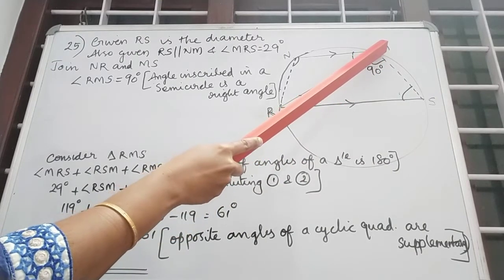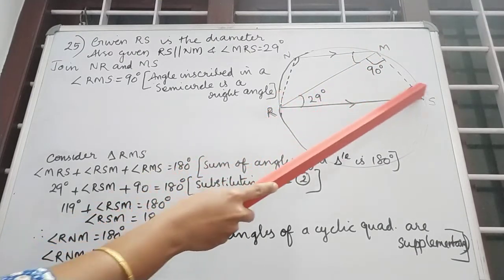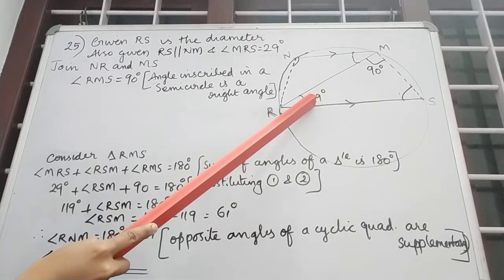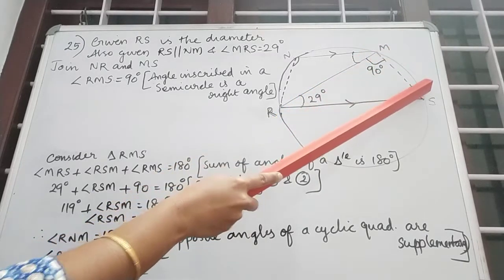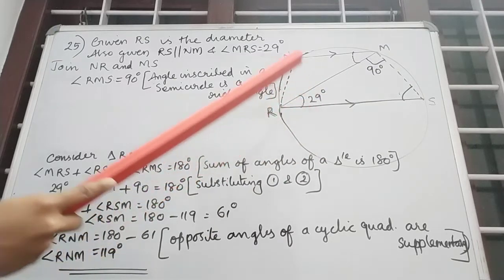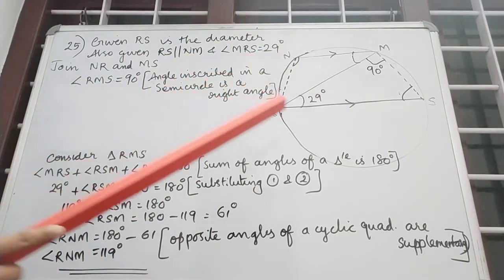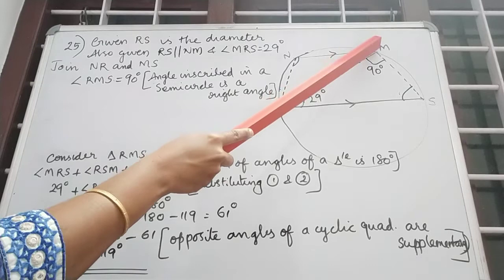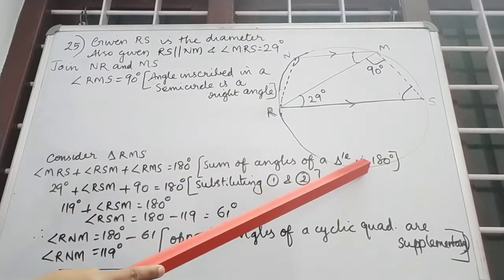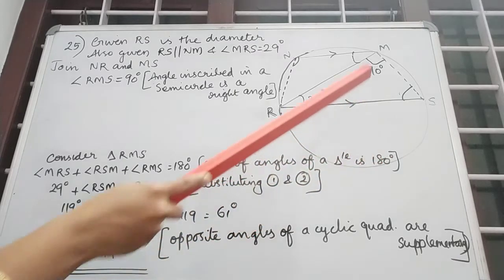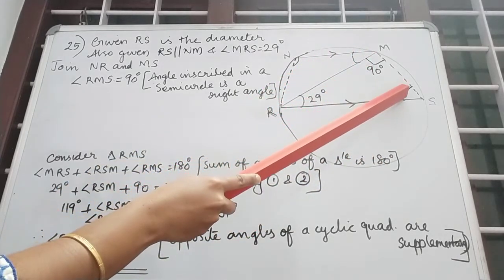From our question we have MRS is equal to 29 degree. So how can we find this angle MSR? So for that we want to consider triangle RMS. We know sum of angles of a triangle is equal to 180 degree. So what about this angle?